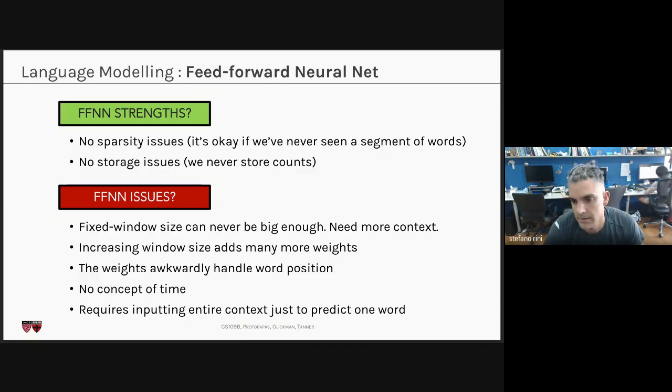We still don't understand word position, right? There is no natural way of handling word position, so we don't have an idea of sequentiality, as we did in RNN, of which words come first. There is no concept of time, right? We don't have a concept of how the flow of the sentence is producing a logical output.